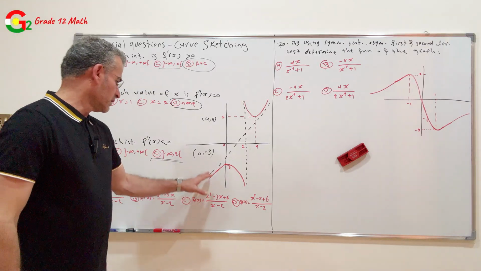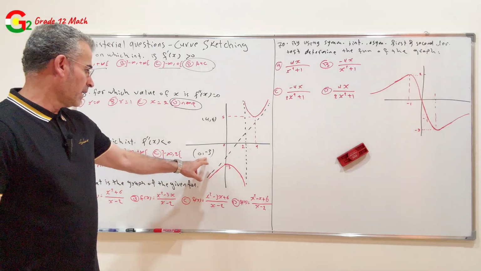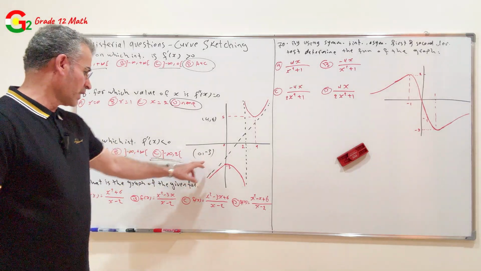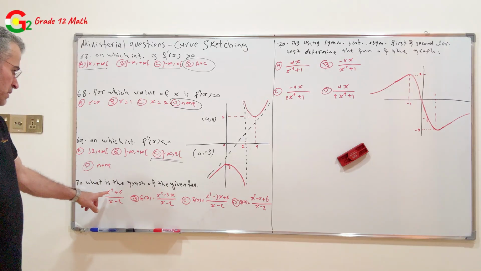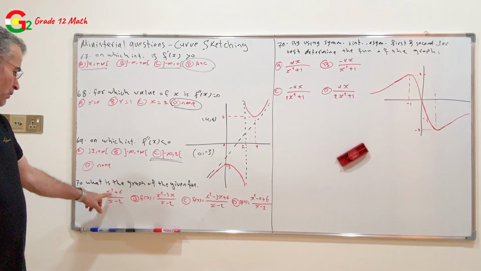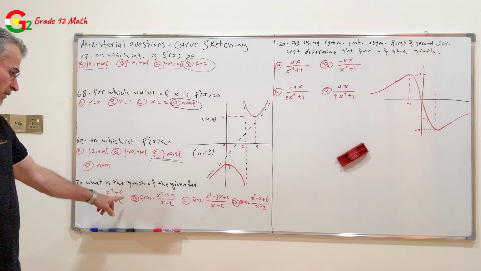All the four functions satisfy the y-intercept 0, negative 3, except B, because if we substitute every x with 0 in A, we get 6 over negative 2, it is negative 3.